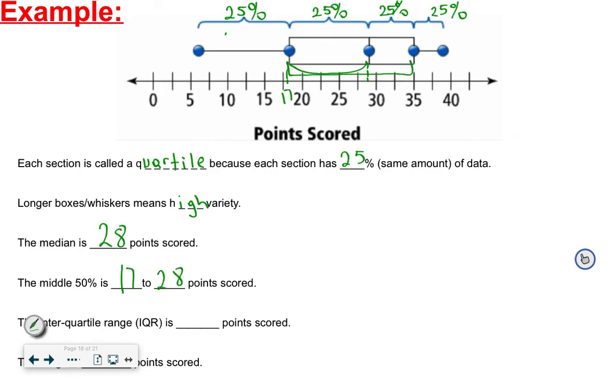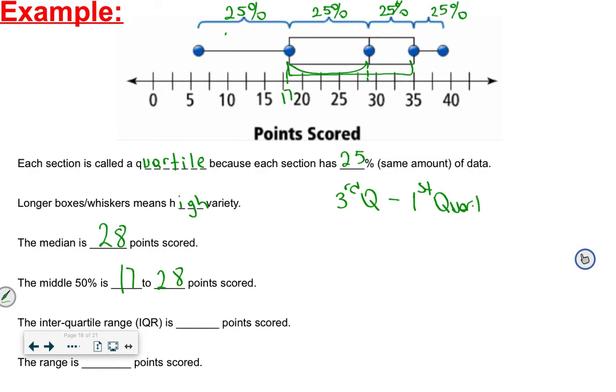And the interquartile range is, what is the interquartile range, ladies and gentlemen? Third quartile minus first quartile. What is the third quartile, which is 35, minus the first quartile, which is 17, which is equal to 18. That is the interquartile range.